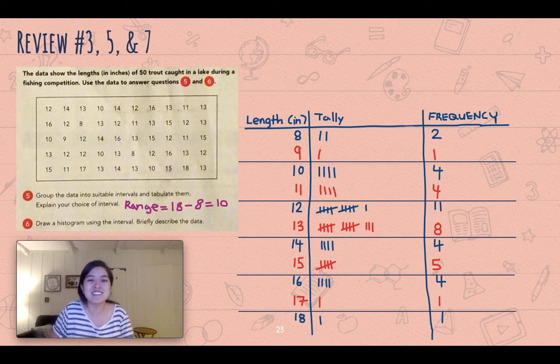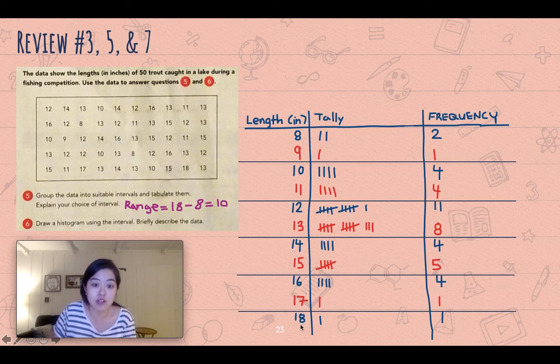What I notice is it would be great if my intervals were just 2 inches here. So you have between 8 and 9 in one interval. You have between 10 and 11 inches. You have between 12 and 13 inches. You have between 14 and 15 inches. You have between 16 and 17 inches.